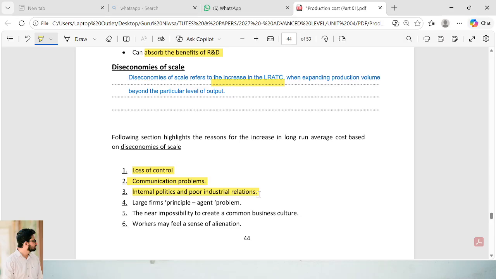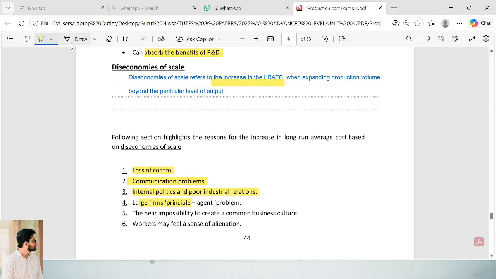They demand labor rights, salary increments, working conditions, and poor industrial relations arise. Finally they end up with strikes and a poor relationship between company and employee. That is also not good for large firms.